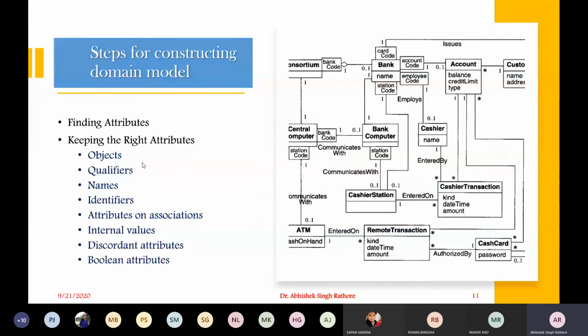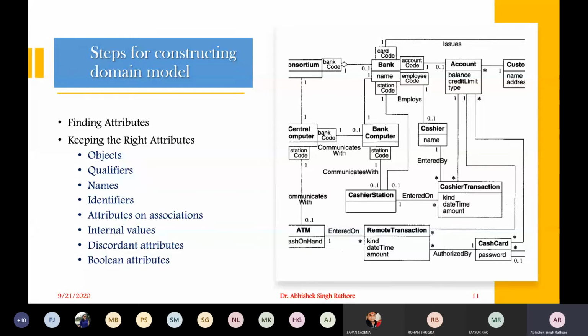The next step to construct our domain model is finding the attributes. Usually attributes are data properties of your individual objects. Say you have a weight, or a velocity, or a color associated with your particular classes.